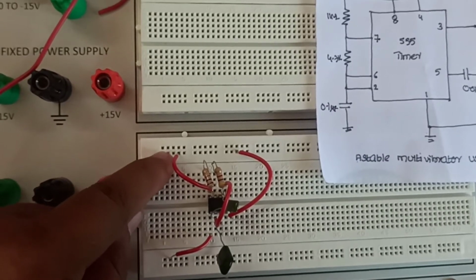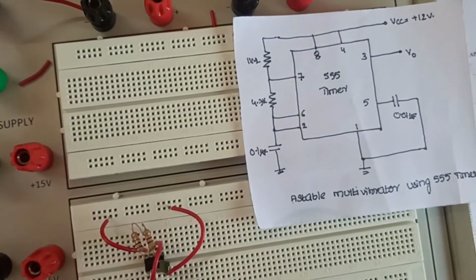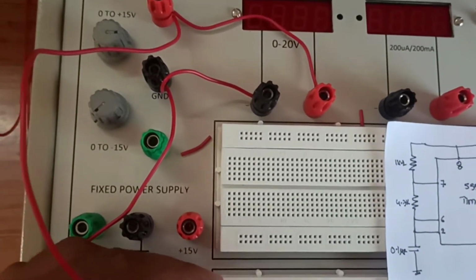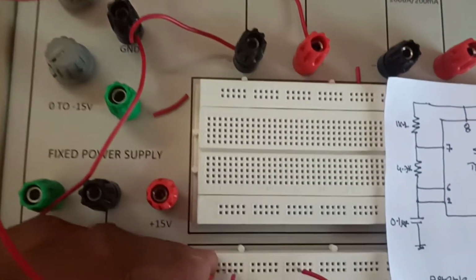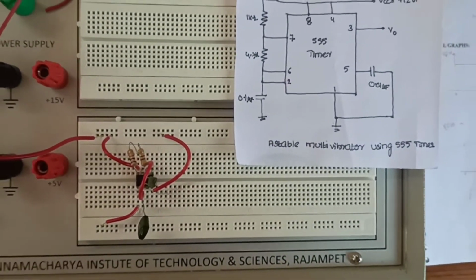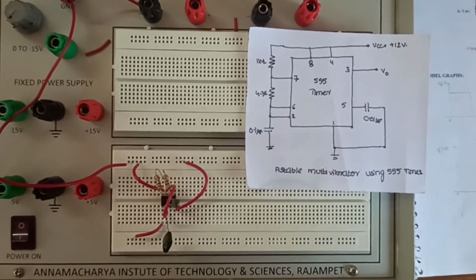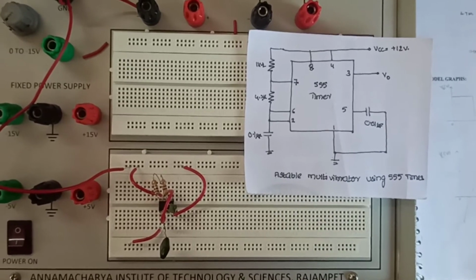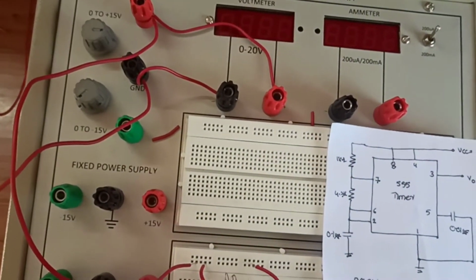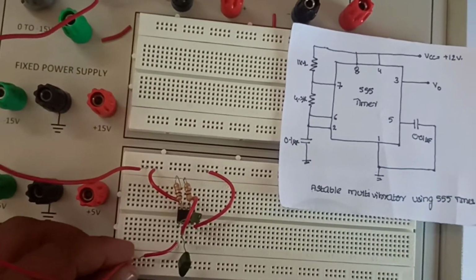Here we are going to connect a VCC supply of 12 volts from the DC voltage source like this. So this completes the circuit connection, and let us verify how this is working. And also the ground for the supply is given to ground here.